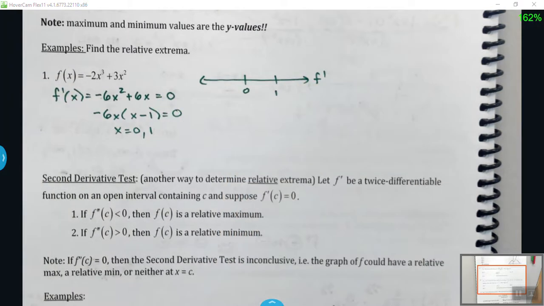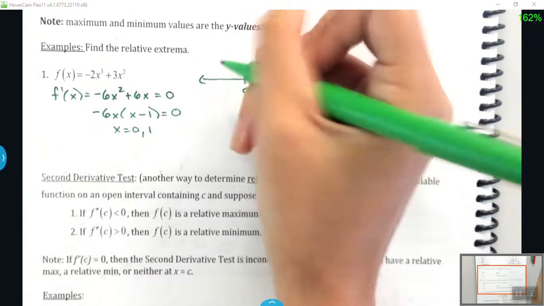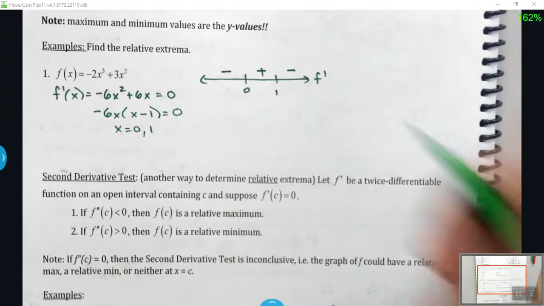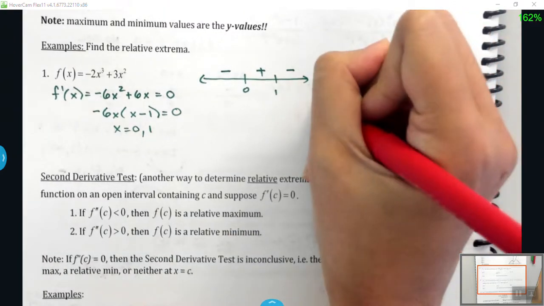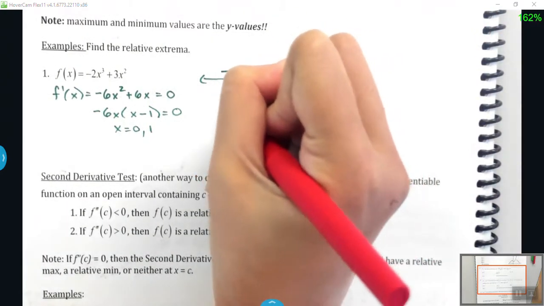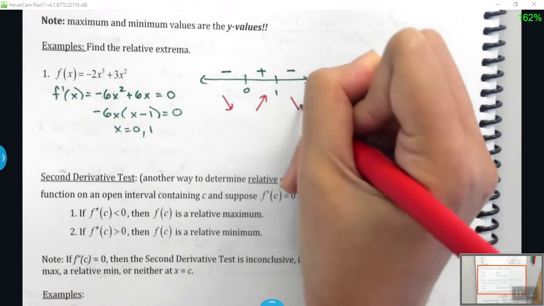So if it's a parabola pointing down, then it's going to go from negative to positive to negative. If you want, you can do it that way. Okay. That means if f prime is doing that, my f below is decreasing, increasing, decreasing.